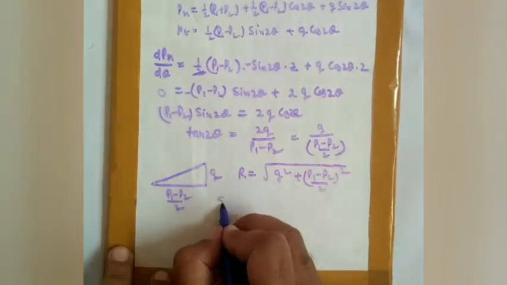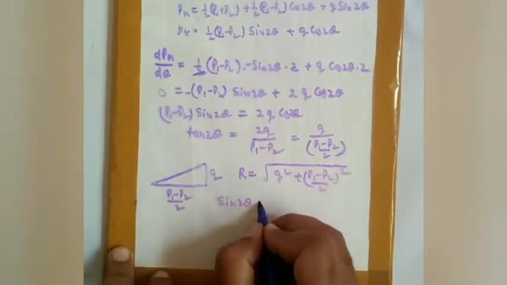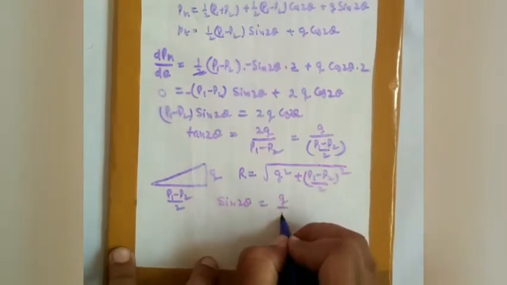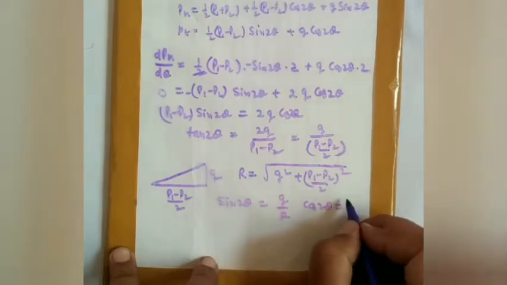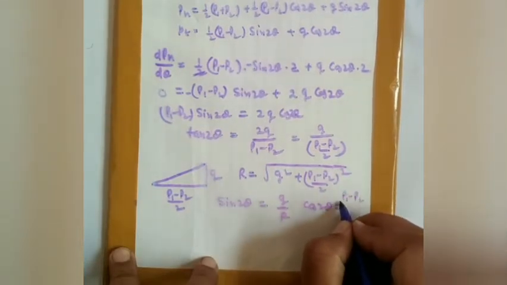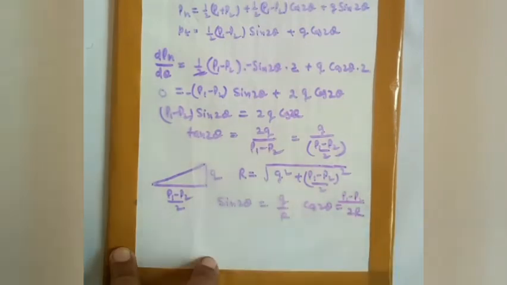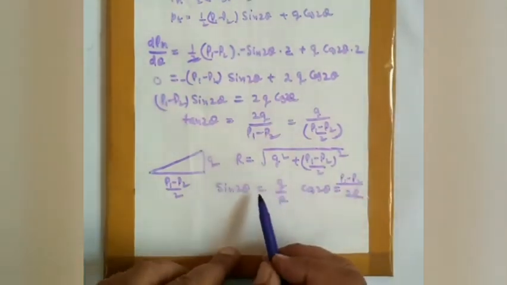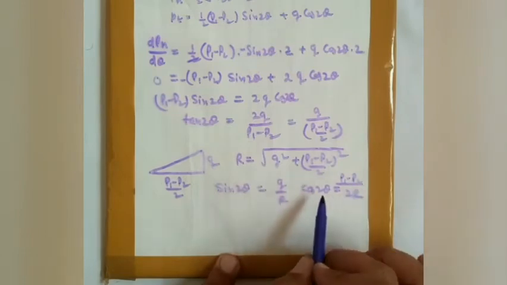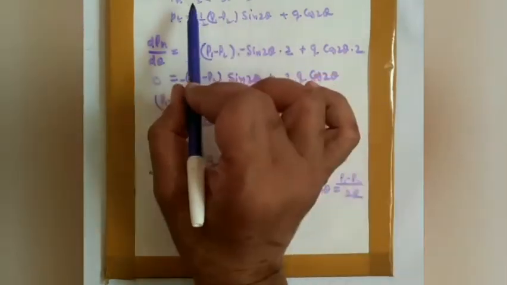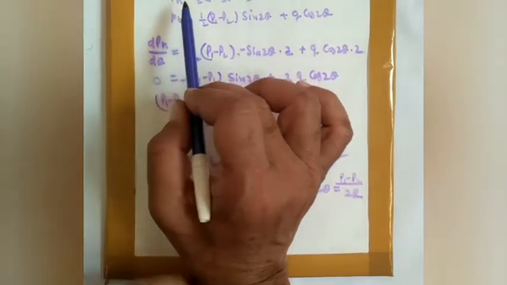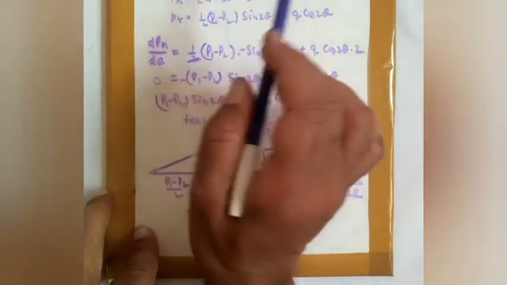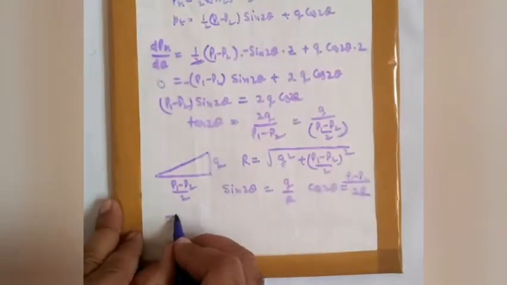Sine 2 theta will be equal to q by r, and cos 2 theta will be equal to (P1 minus P2) by 2r. Putting the values of sine 2 theta and cos 2 theta in the equation for normal stress Pn, we will get the major principal stress sigma 1.